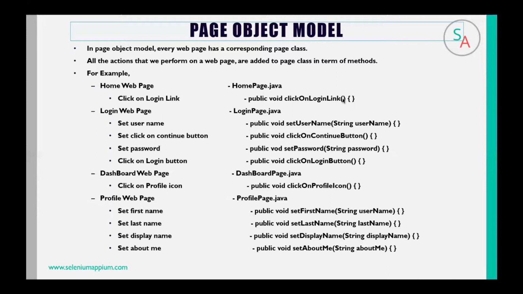The advantage of having the page object model is that all the action methods related to a page belong to that particular page.